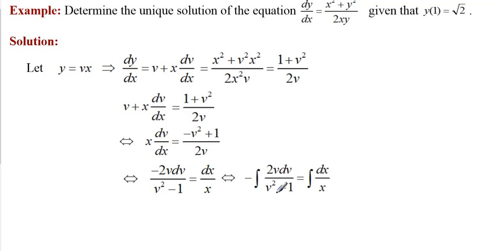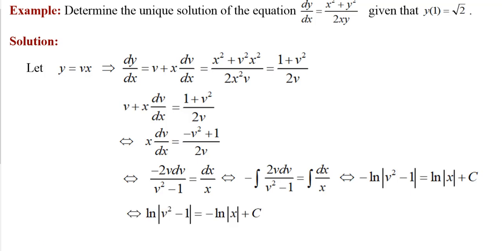In each of these integrals, we can see that we've got derivatives of the form ln of f of x, which we know that when we differentiate, we get 1 over the argument f of x multiplied by the derivative of the argument of ln. That's what we've got here and there. So integrating, we get a simple expression like this, which is minus ln of v squared minus 1 equals ln of x plus c.